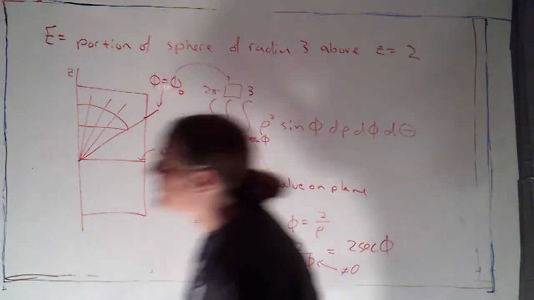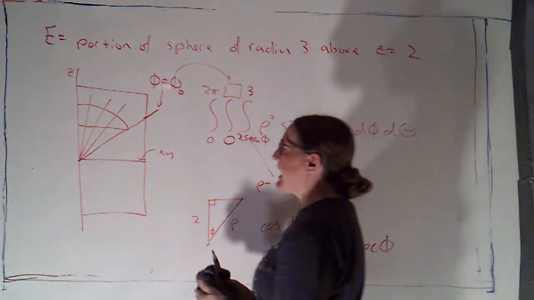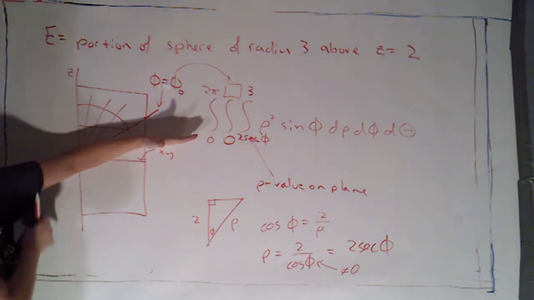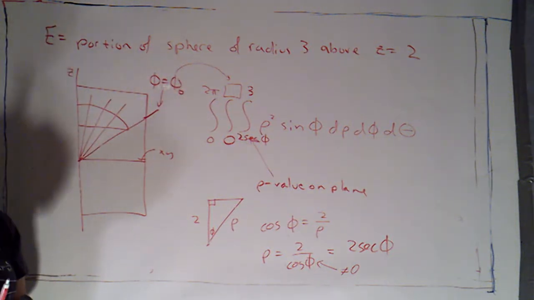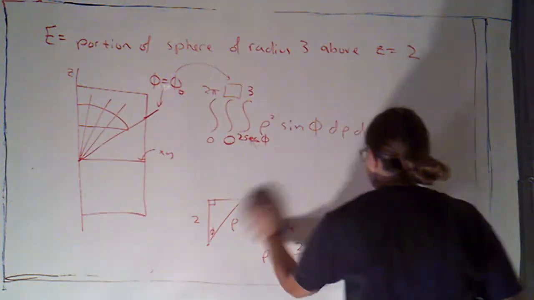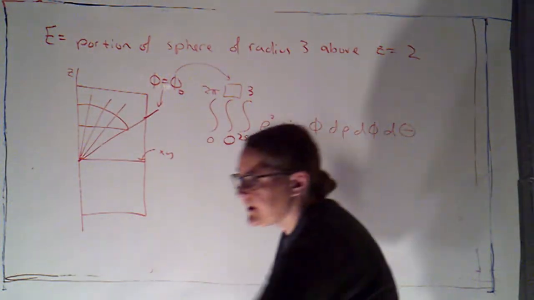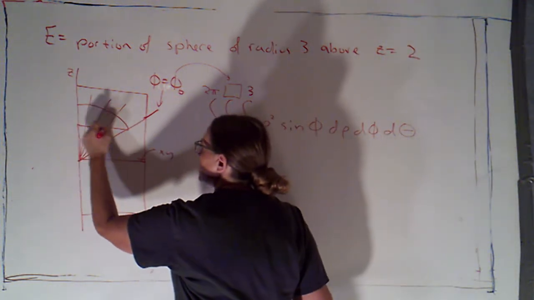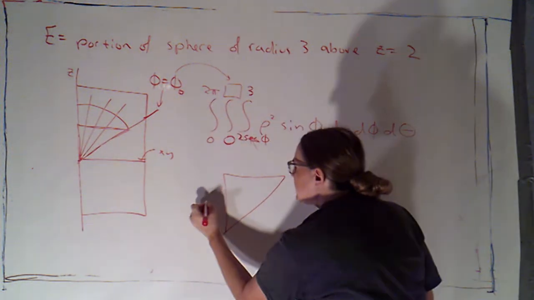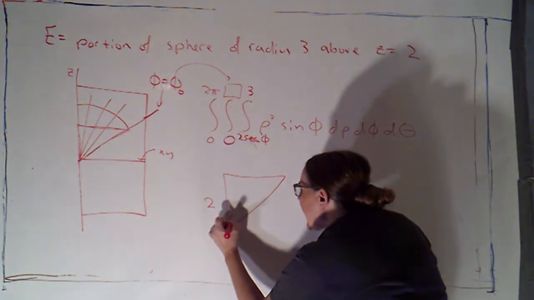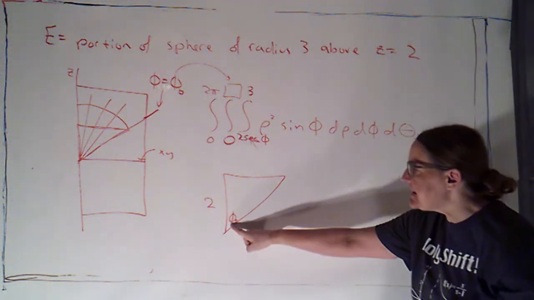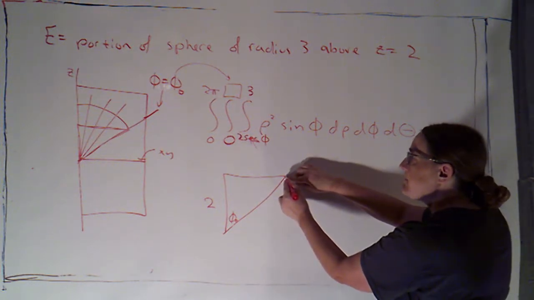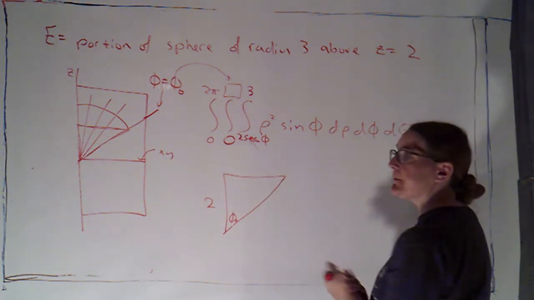Okay. So now I need to figure out what this phi naught is. I need to figure out what's the biggest phi value I'm going to have before I rotate far enough that I'm going to now intersect the sphere below the plane z equals 2, and that's outside of the region that I want. Okay. So again, I'm going to have a triangle that I can draw. Now I'm drawing this triangle right here. I still know that this is 2. Now I'm solving for the specific phi naught value that's going to have this be where the sphere intersects with that plane.